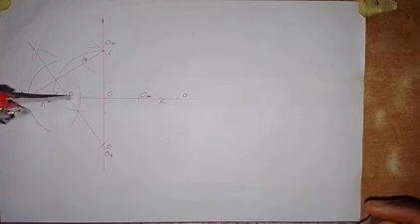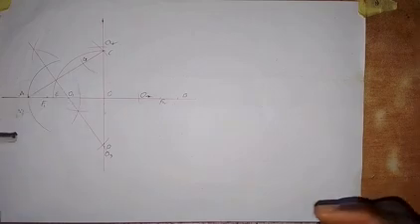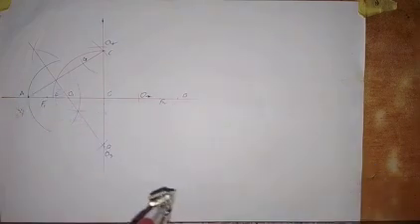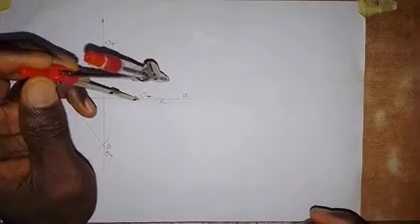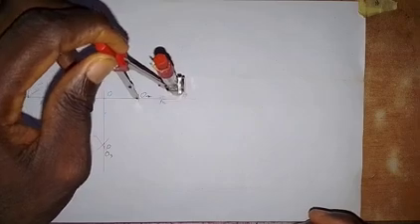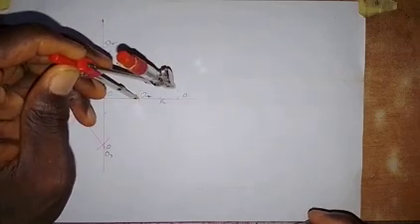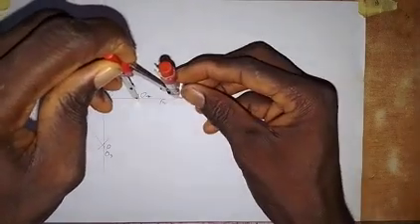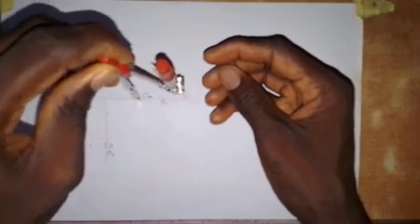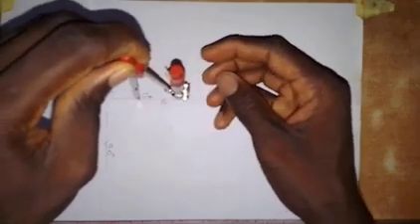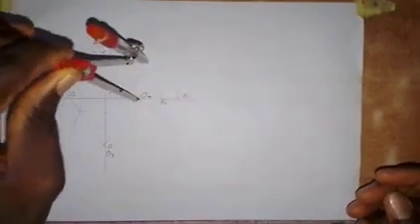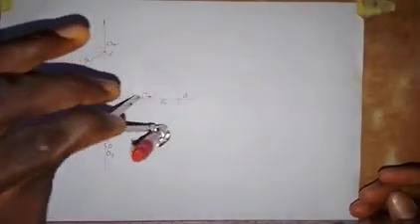Then with the same radius at point O2, extend it to point B. Here I draw an arc that goes up like this. I just stop it here, and then draw it down here and stop there.